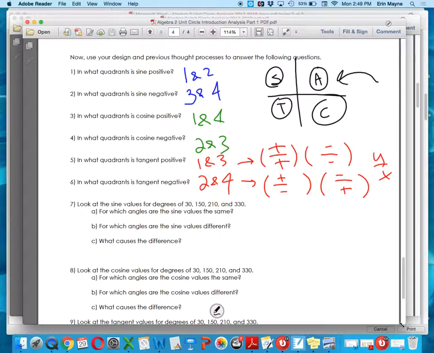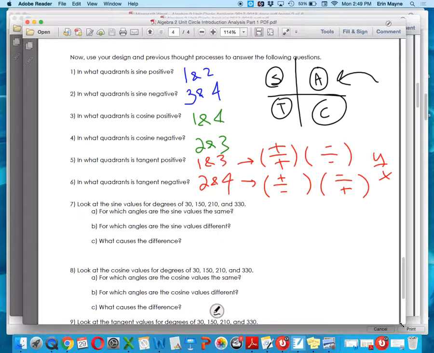All of the trig functions are positive in quadrant 1. The only one positive in quadrant 2 is sine, then tangent in quadrant 3, and cosine in quadrant 4. See how that works? All students take calculus. Okay? Yep. So, that's the phrase, right? You know the phrase? Okay.